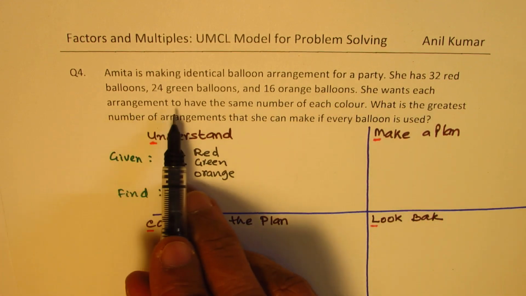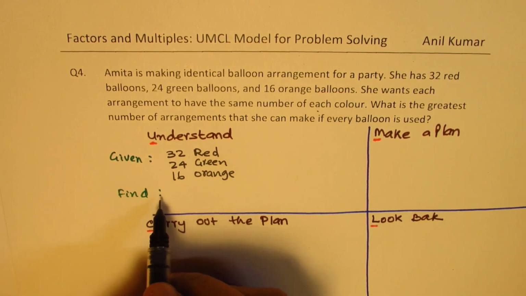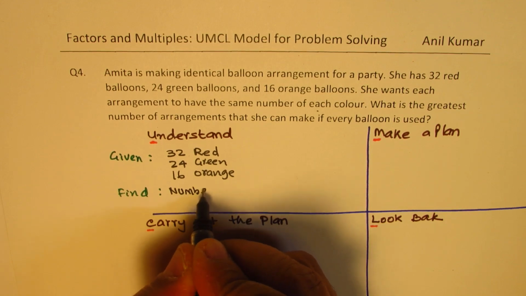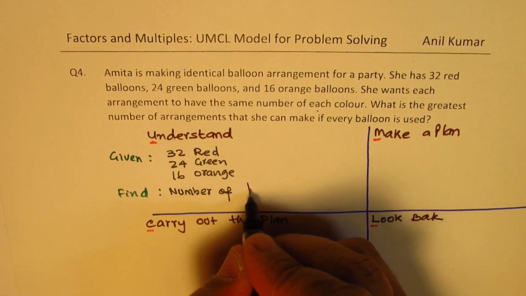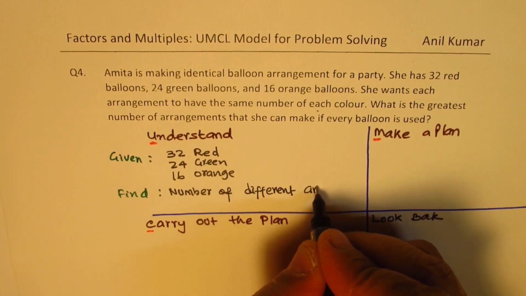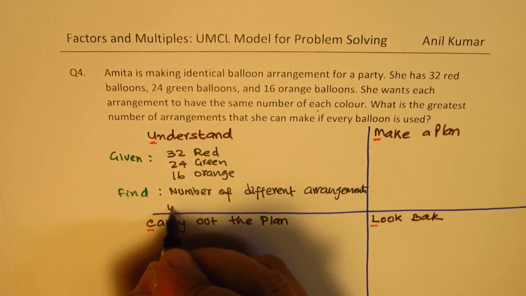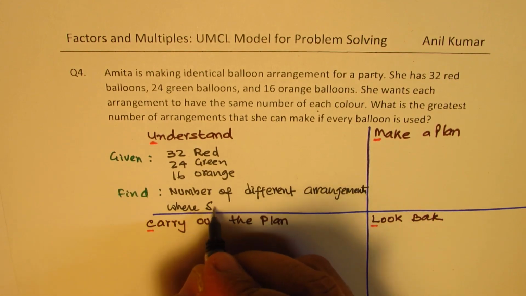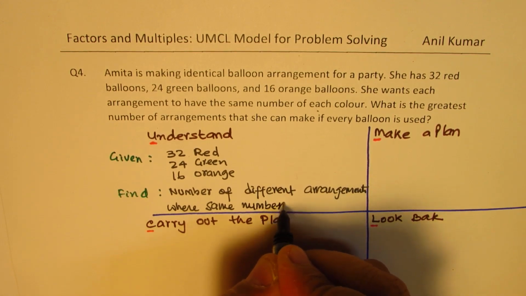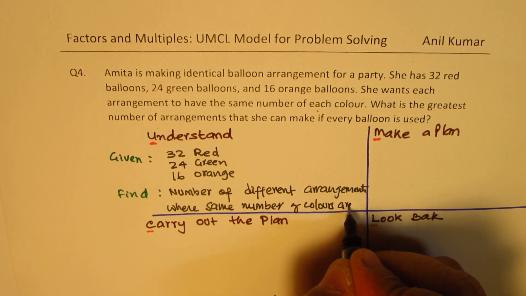She wants each arrangement to have the same number of each color. So what we need to find is the number of different arrangements where the same number of colors are used.